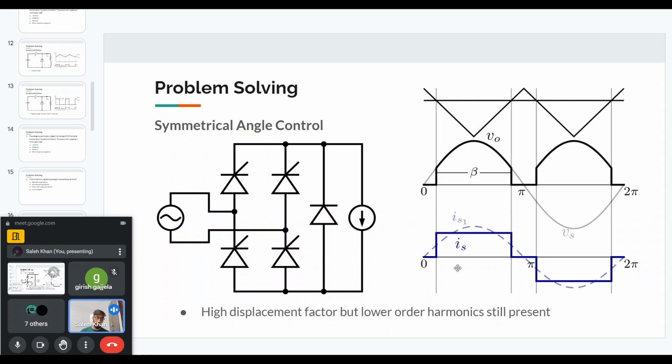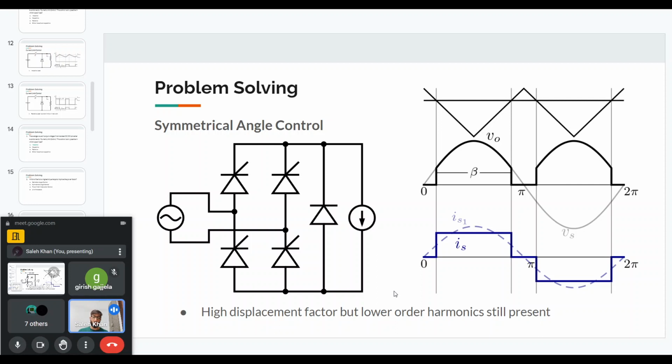But for lower order harmonics, because omega is smaller, the impedance of the inductor will also be smaller. So that is why we want to reduce or eliminate the lower order harmonics, even if we increase the higher order harmonics, because it is easier to filter out the higher order harmonics using general passive components like the inductor or capacitor.